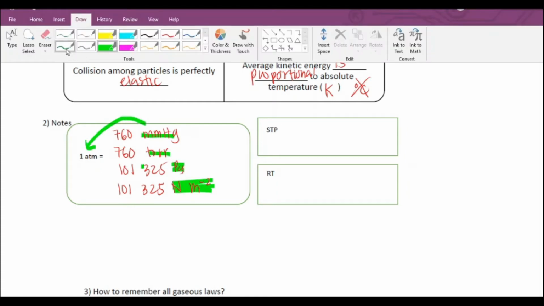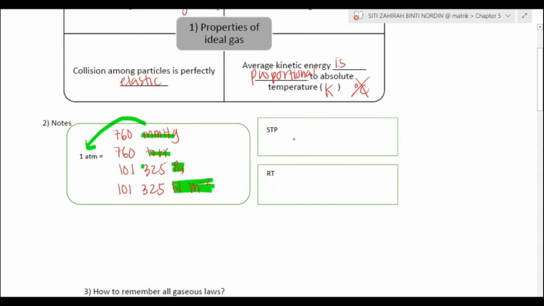Alright, so next, you have to remember this. This is not given in the study guide. For STP, standard temperature and pressure, you've already known this. The unit would be 22.4 dm cube per mole. But what about the temperature and pressure?